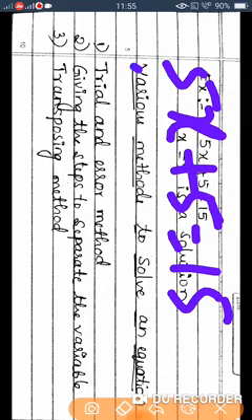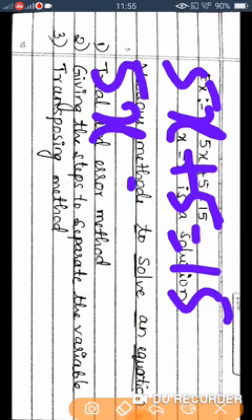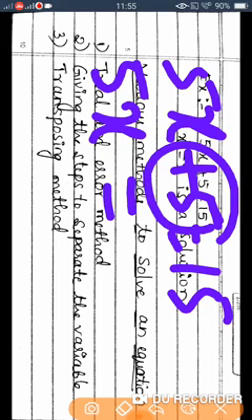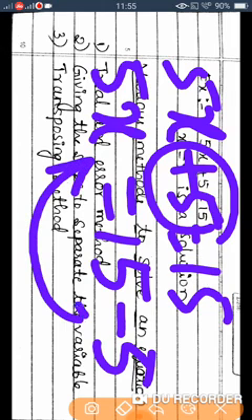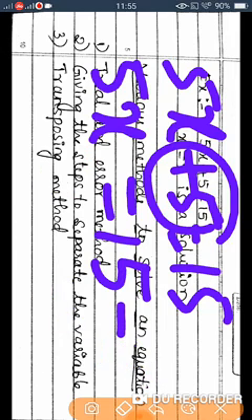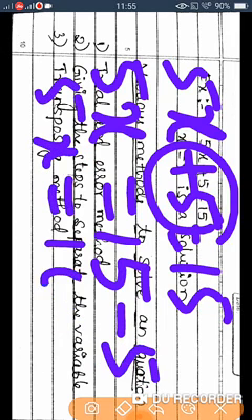So first I'll transfer this plus 5 to the RHS, and write this 15 as it is. When transferring to the other side, plus becomes minus, minus becomes plus, multiplication becomes division, and division becomes multiplication, whether going from RHS to LHS or LHS to RHS. Then it becomes 5x is equal to 10.